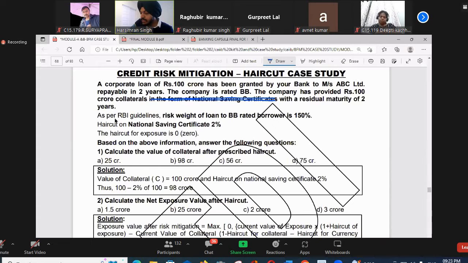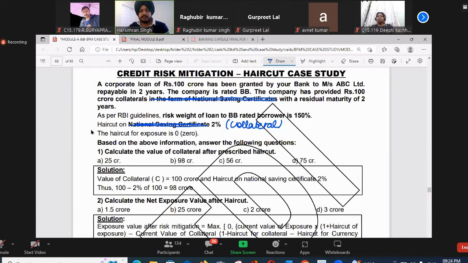Haircut, national saving certificate, please cut it here. Just simply write down haircut on collateral is 2%. Because NSC, we know that haircut is 0. So in this case, we have taken it as 2%. So remove this word NSC. Instead, write down collateral is 2% and haircut on exposure is 0.